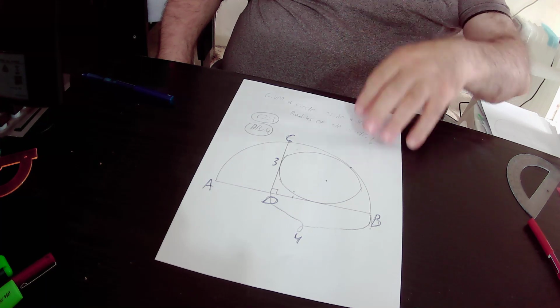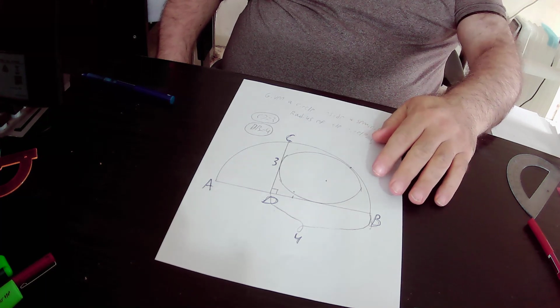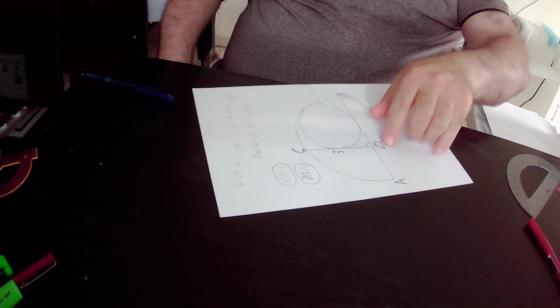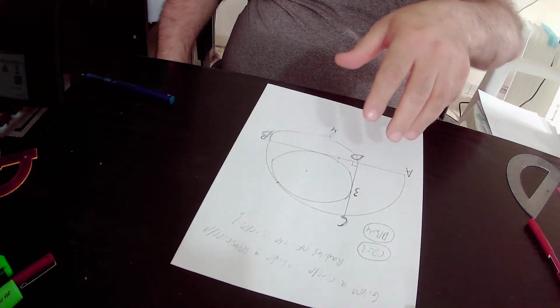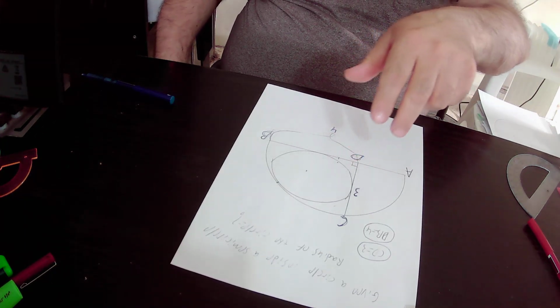So first of all, we will do a construction. We will complete this semicircle to a circle.